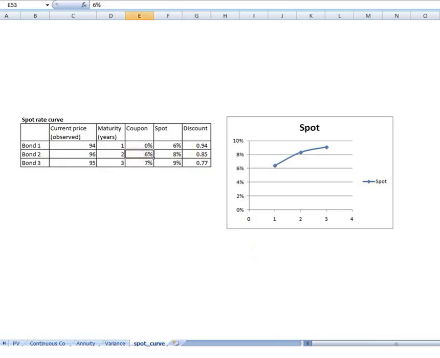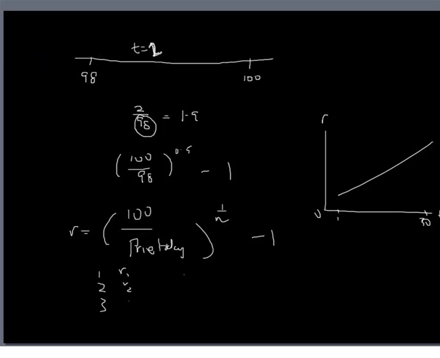Okay, second bond. I'll write down the formula.